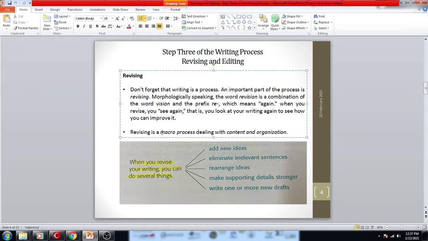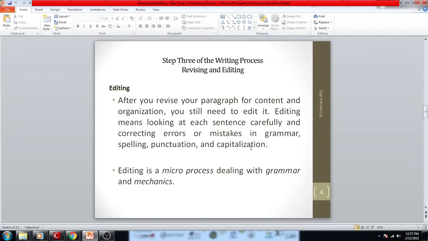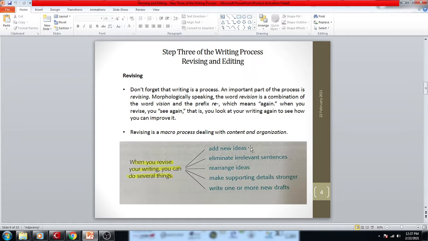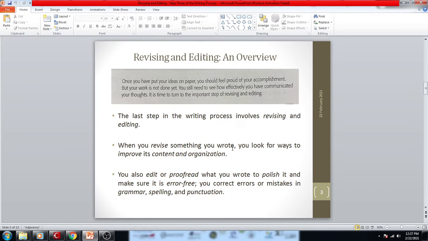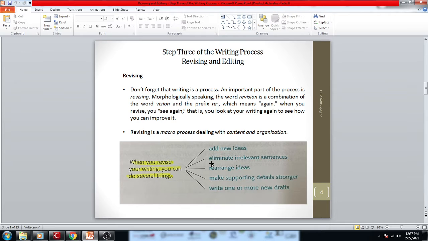Revising is a macro process dealing with content and organization, as opposed to editing, which is a micro process dealing with grammar and mechanics. When you revise your writing, your first draft, you can do several things.